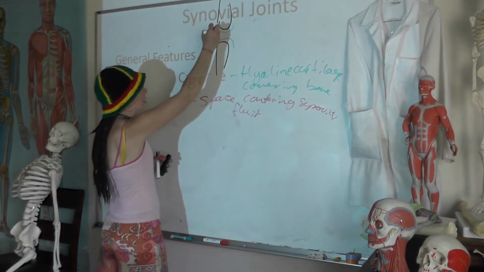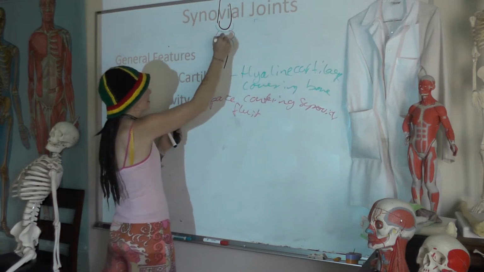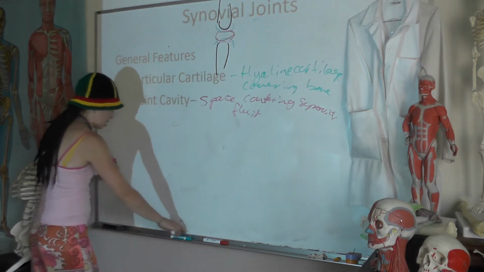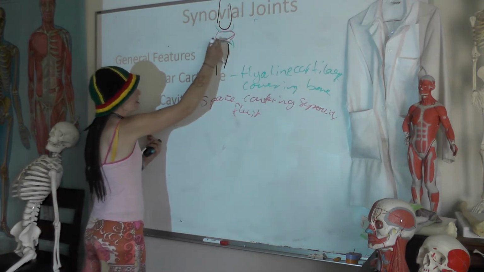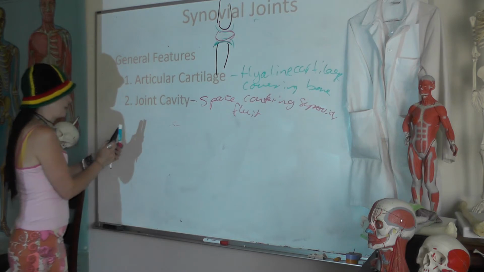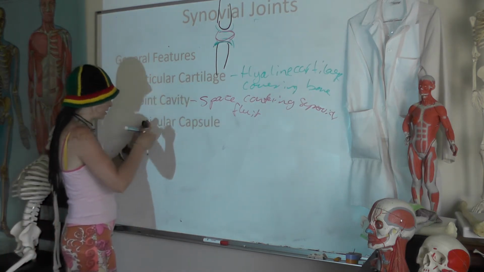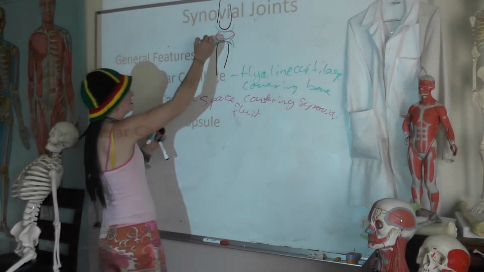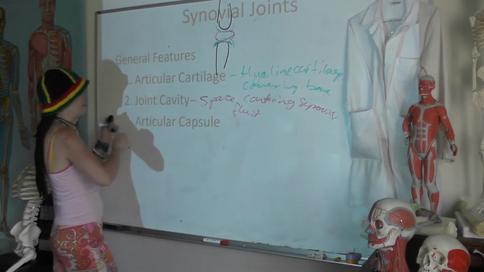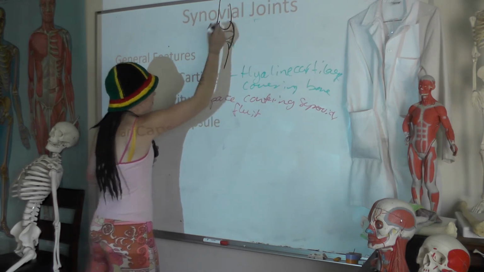There are a couple of things that hold this joint cavity together. So the end of my long bone is covered in articular cartilage, I've got a joint cavity, and in that cavity I've got synovial fluid. It also has an articular capsule that holds it all together.